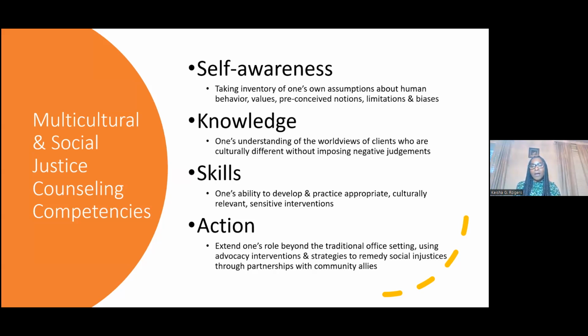And I always tell my students, especially, you're only as good as your community resources. So being able to link your clients to the specific things that they need in order to be successful is going to be key, and those things happen with partnerships.